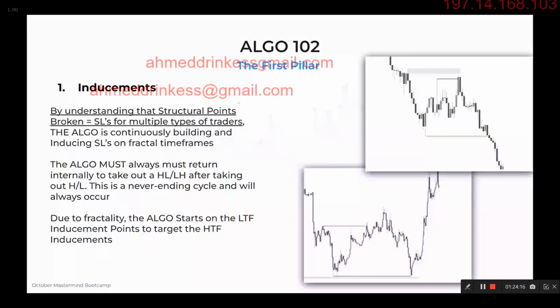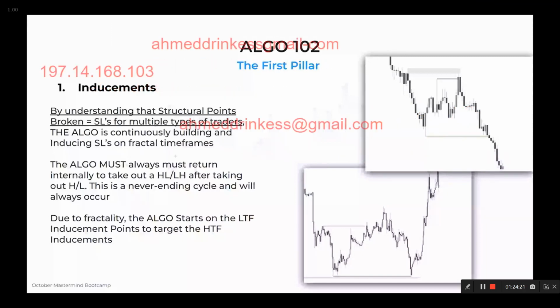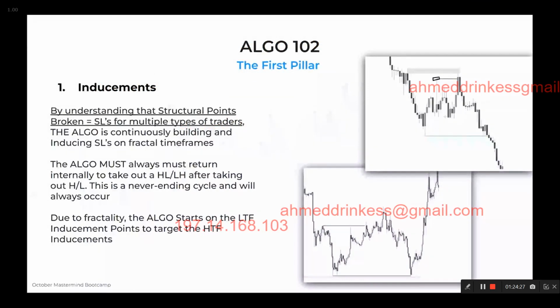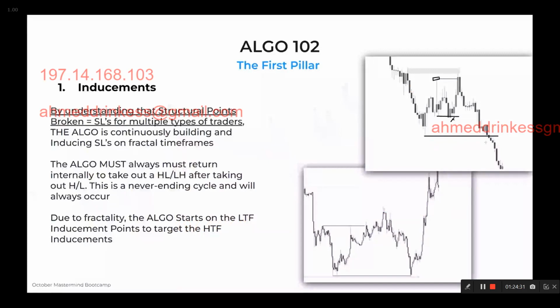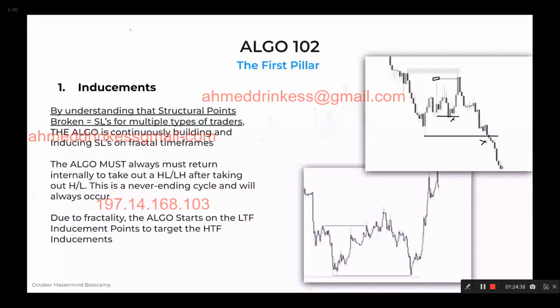You then understand that the algo is continuously building and inducing SLs on fractal timeframes, not just right here, but you have traders who are losing right here. You have traders who are losing right here. You have traders who are losing literally everywhere, all in between. But that's after we go through the algo.